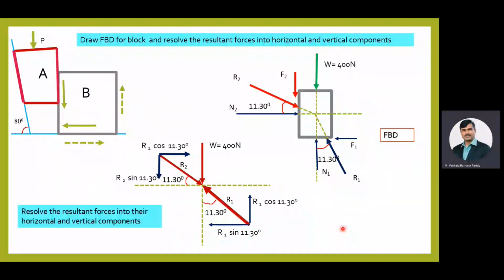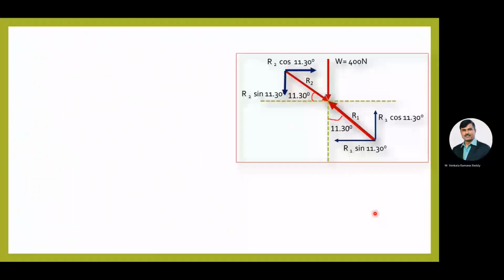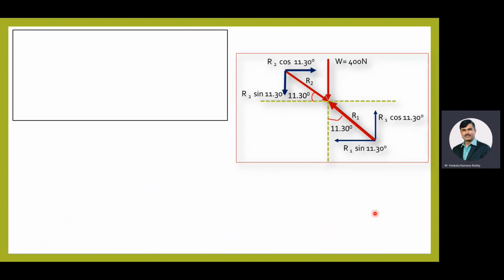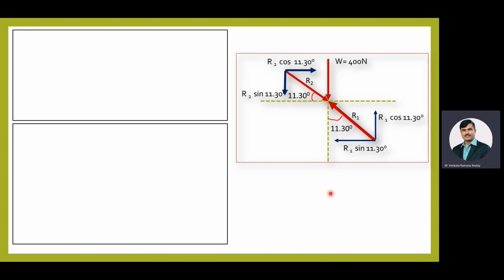In order to calculate the unknown values of the forces R1 as well as R2, we'll consider the equilibrium condition for the block. In the equilibrium condition of the block, we are considering two conditions, that is summation of horizontal forces is equal to 0 and summation of vertical forces is equal to 0. First we consider the summation of the horizontal forces is equal to 0, that is sigma Fx is equal to 0.